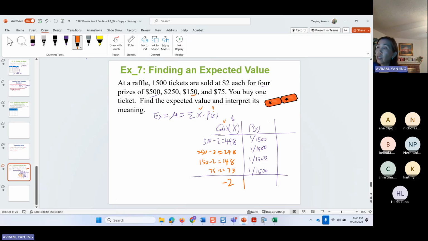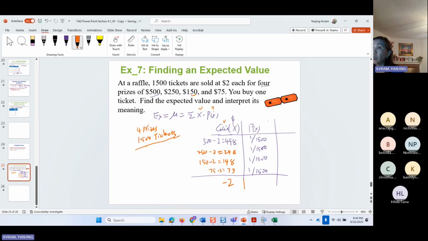The problem here is, how about the rest of the people? Well, we only have 4 prizes, and we sell 1,500 tickets. So how many of them will not win anything at all?